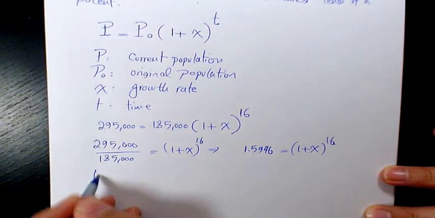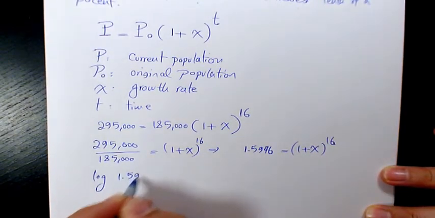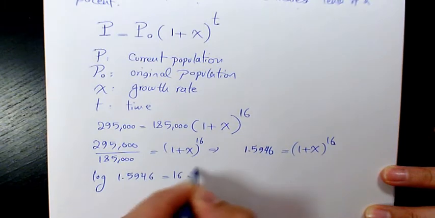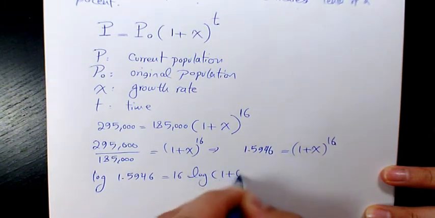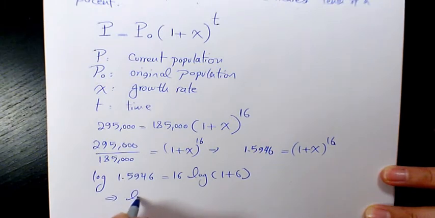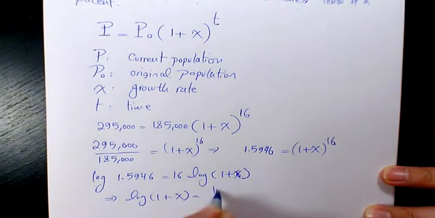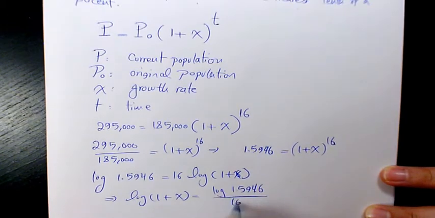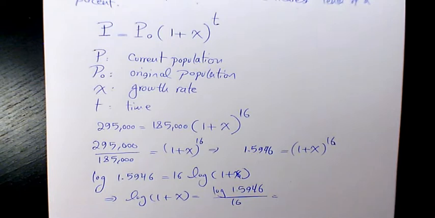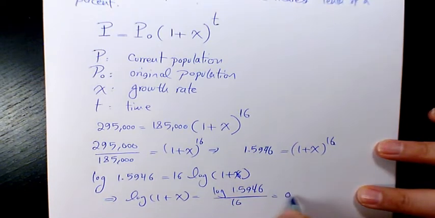Then I take the log of both sides. Then I can say log of 1 plus x equals log of 1.5946 divided by 16. 1.5946 divided by 16 is going to be 0.01266.